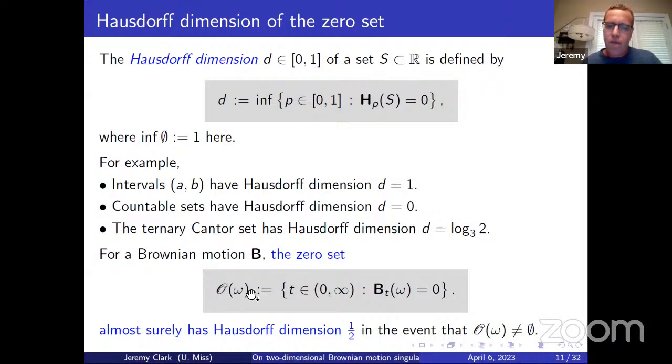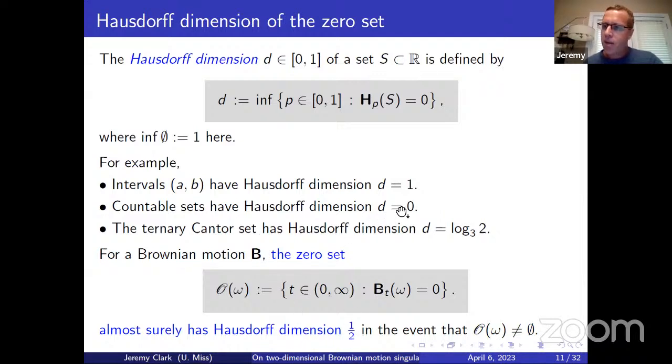So the 0 set almost surely has Hausdorff dimension 1/2. It has a non-trivial dimension, a non-trivial size. So it is a sort of fractal, like the Cantor set is a fractal. It has a special dimensionality to it.